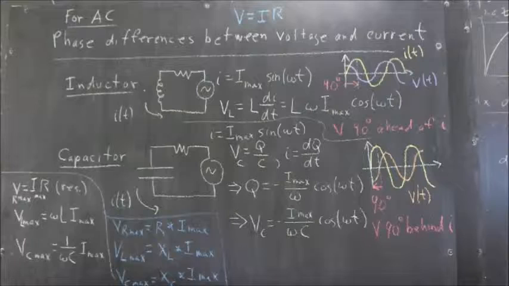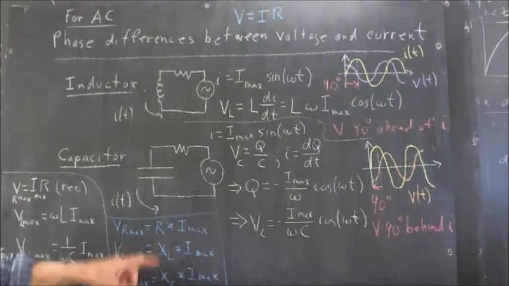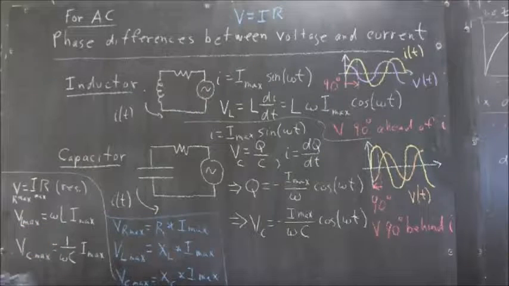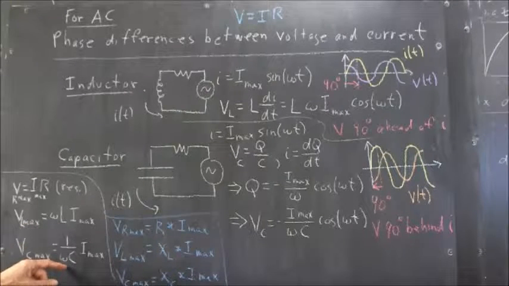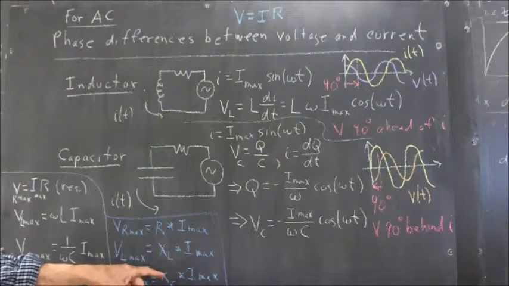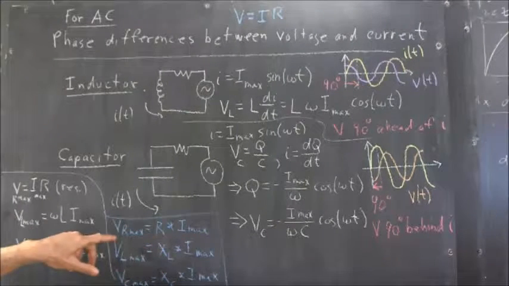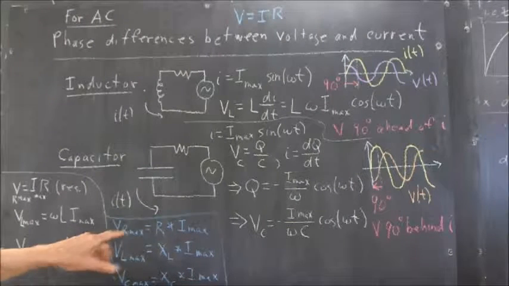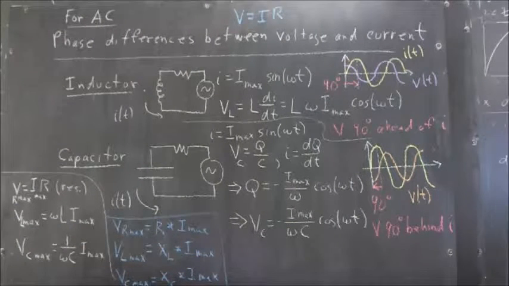Okay, we see that this quantity XL and this quantity XC, XL equal to omega L, XC equal to 1 over omega C, act just like R in an equation that determines voltage from current. Now this is maximum voltage against maximum current.